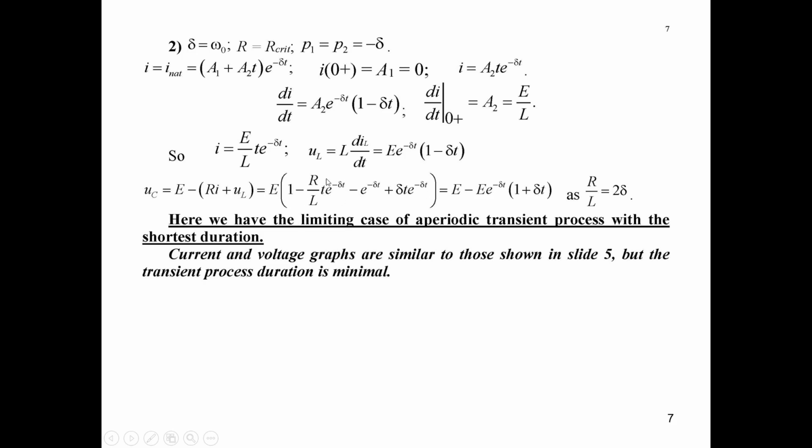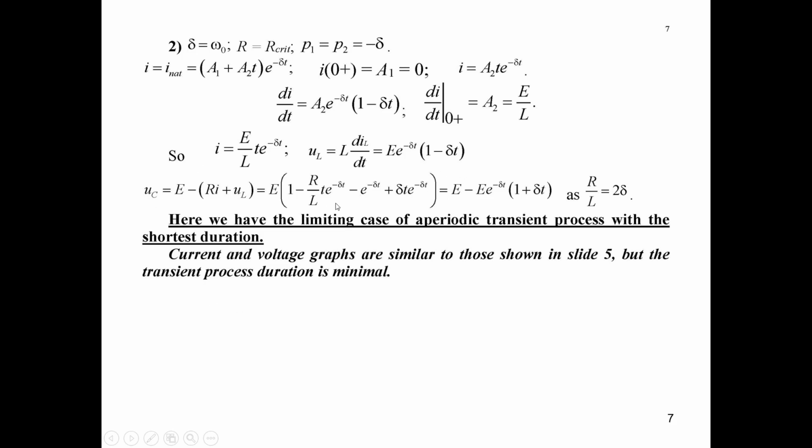This delta t is from this item and this item, and it will be plus 1, and we will have this expression for UC.